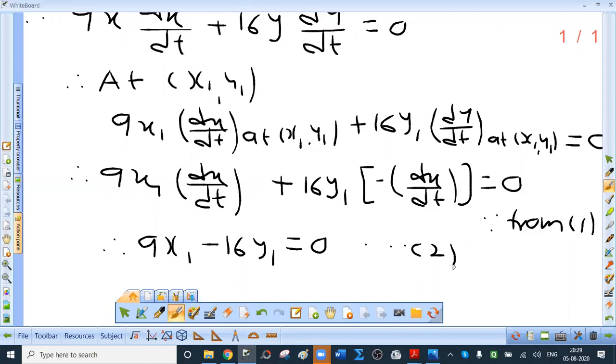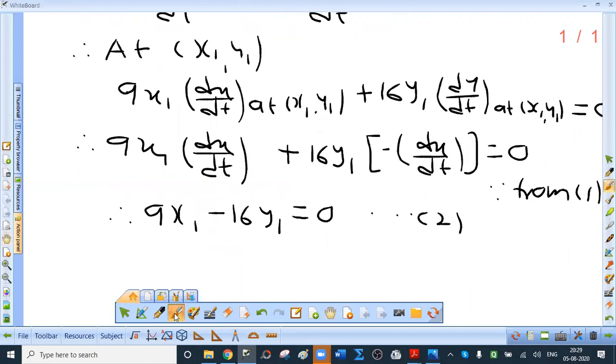Can I say that x1 is 16y1 upon 9? See, you have to use two things: this relation 9x1 minus 16y1 equal to 0 and the equation of the ellipse, because the point lies on the ellipse, so the coordinates will satisfy the equation.